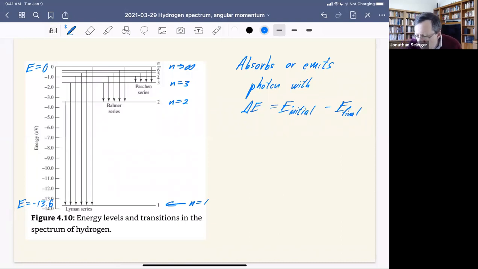And then the energy of a photon, as you may have learned in a modern physics class, right? This is equal to h bar omega for the photon, right?